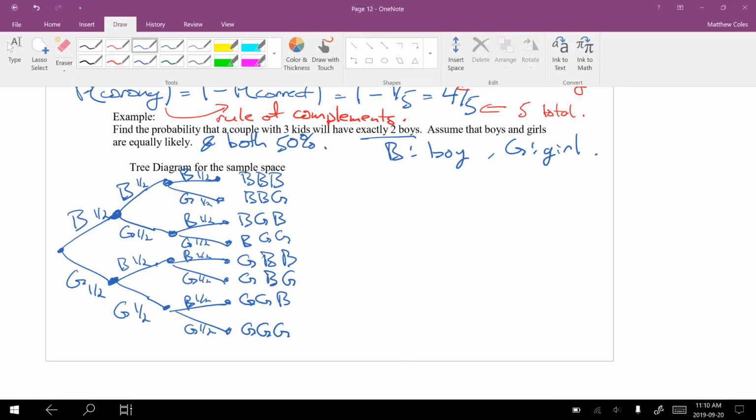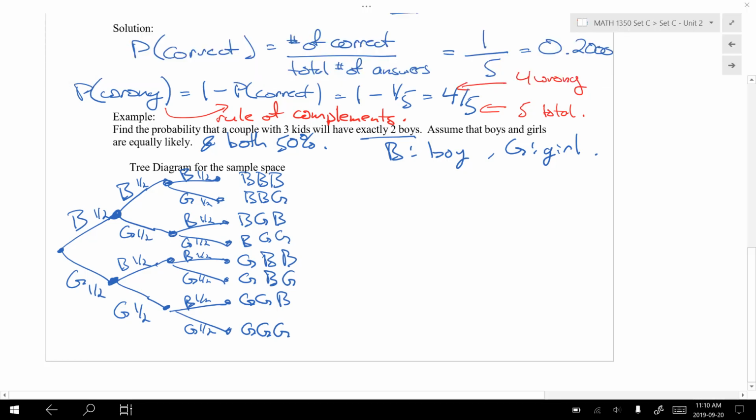Okay, so all the outcomes here, based on what we've said so far, are equally likely, but there's a few that we are interested in. So the 2 boys are coming here, here, and here, the 3 possible outcomes involving 2 boys total, and so we can compute this by taking the ratio.